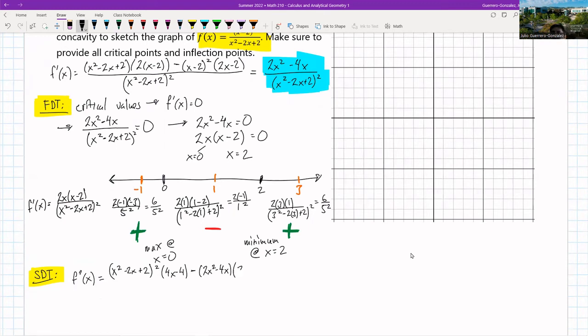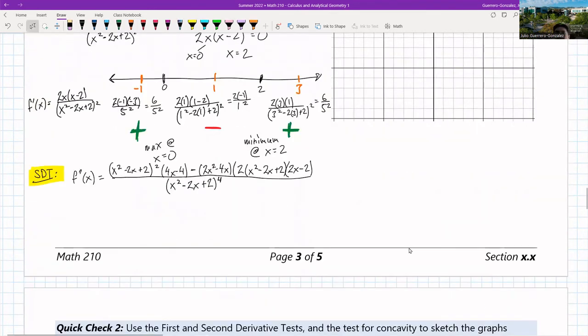Here's the fun stuff. 2x squared minus 2x plus 2, times the derivative of the inside, which is 2x minus 2, all over the bottom squared. So it's going to be x squared minus 2x plus 2, squared, and then I gotta square it again. Therefore, this is now to the 4th.